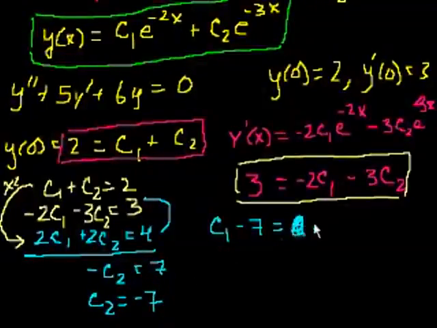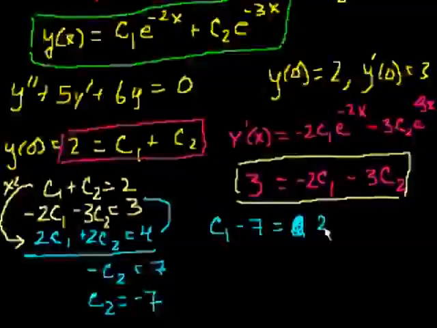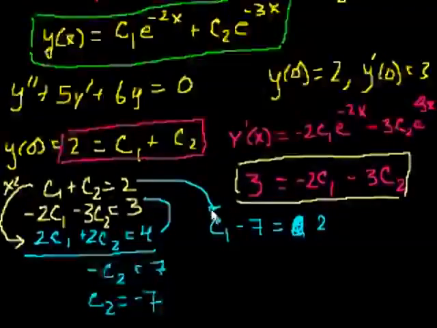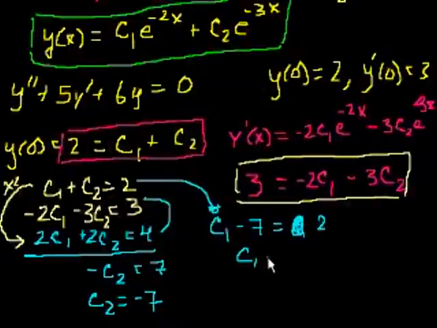I'm already confusing myself; my brain was getting ahead of me. C1 plus C2, and C2 is -7, is equal to 2. I'm just substituting back into this equation, not a differential equation, it's just a simple linear equation. And then we get C1 is equal to 9.